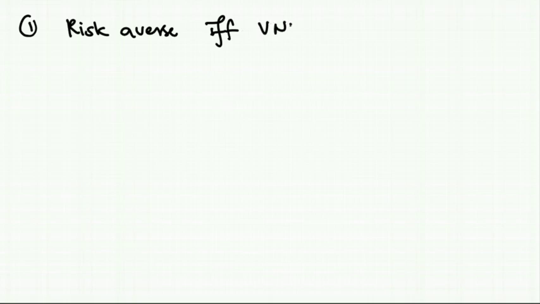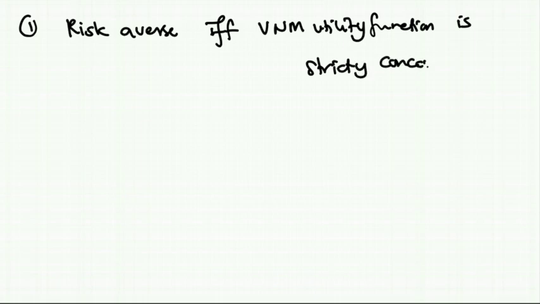So if we talk about the person who is making a decision on a gamble, the decision maker or the consumer here is number one. We can call this consumer risk averse if and only if (IFF) his von Neumann-Morgenstern utility function is strictly concave.